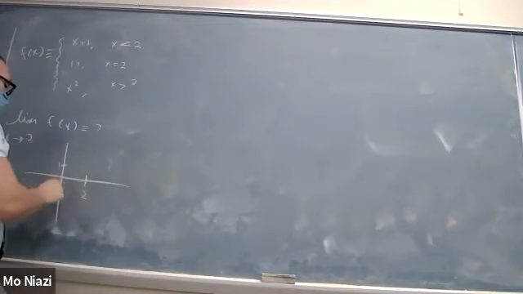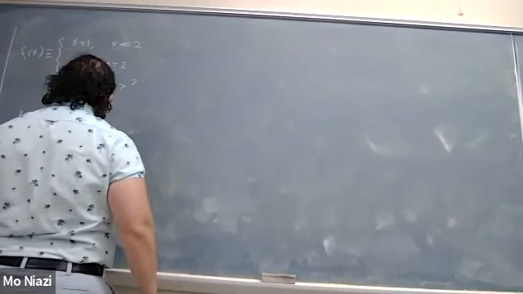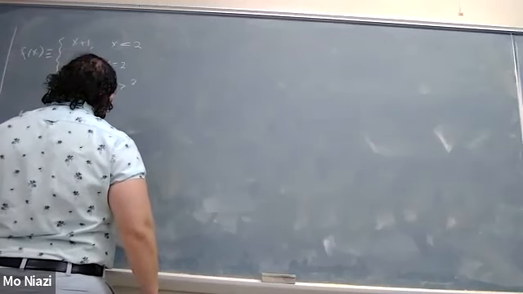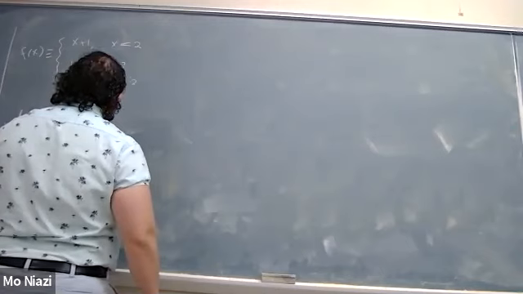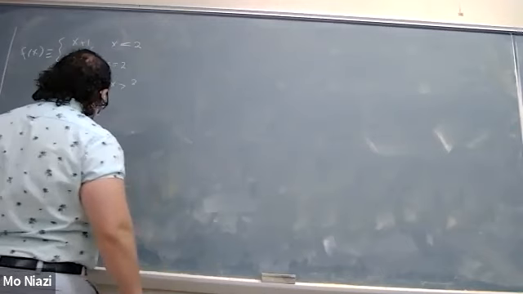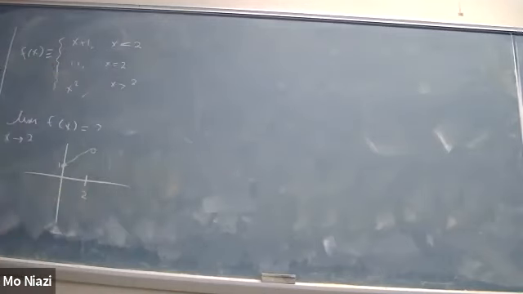Well, if its y-intercept is 1, then we should have it going through its y-intercept, and having slope 1. But it's not defined at this point right here. At 2, it's not defined. Notice that if it was defined, f of 2 would give me 2 plus 1, which is 3.